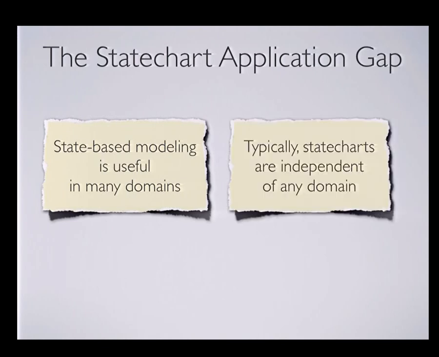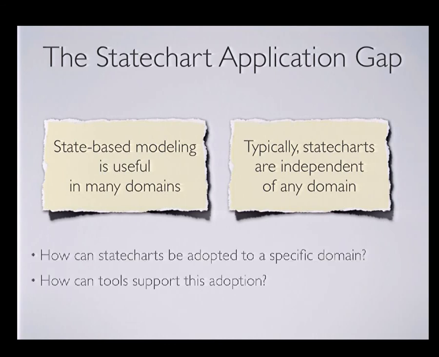But in each domain, the Statechart is usually a bit different, and the expression language or the things that are modeled on transitions and the events that are referred to are often, you really want to address your domain concepts there, but the formalisms that you normally get if you buy a state-based modeling tool are typically independent of any domain.